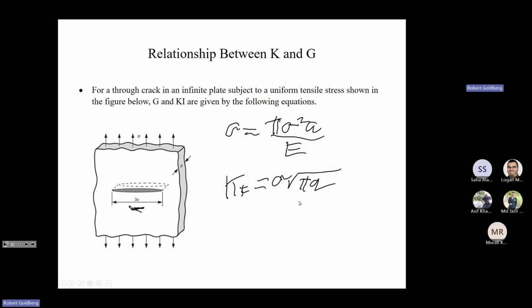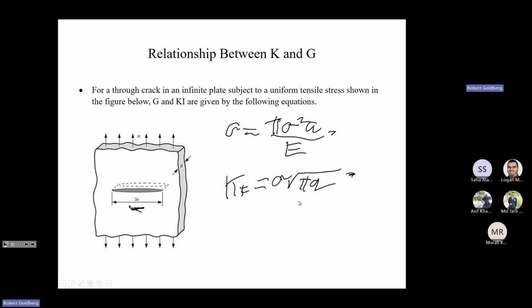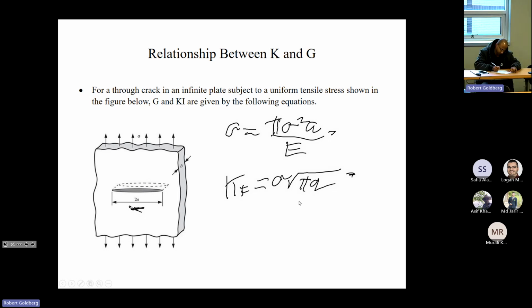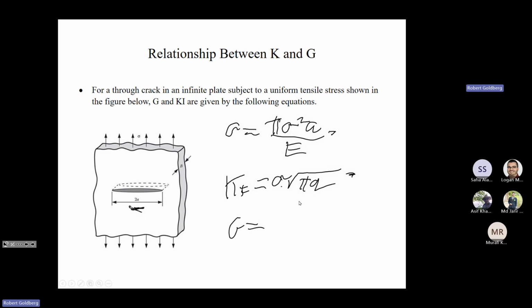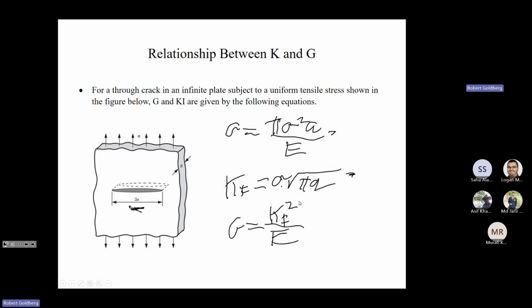Well, we look at this and we look at this, and you just do almost trivial algebra. Basically, you take this, you square it, you'll have the stress squared times pi a, and you divide it by the modulus. It's almost trivial algebra to say that the strain energy release rate is equal to the square of the stress intensity factor divided by the modulus.